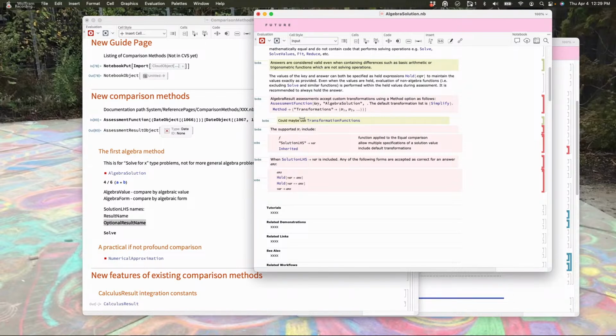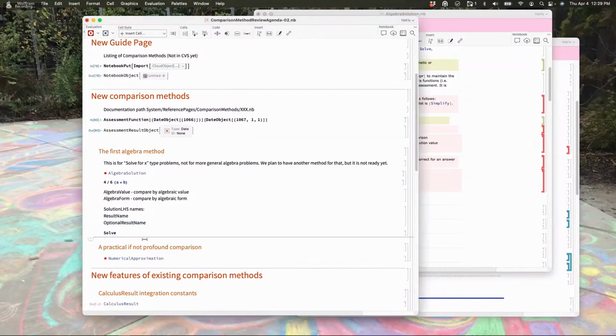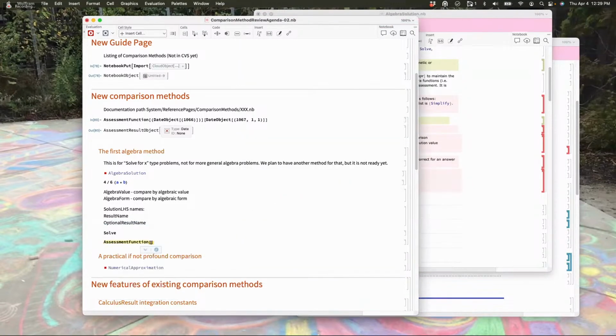I guess we could support it at a higher level. Why don't we just support it at the top level of algebra value. So here, you think optional result name?